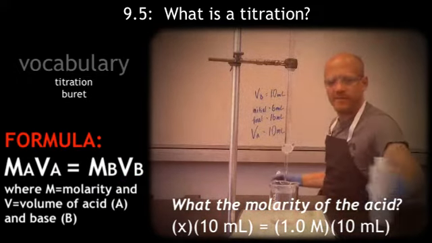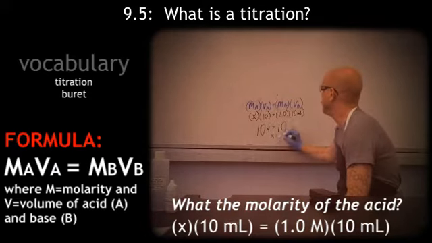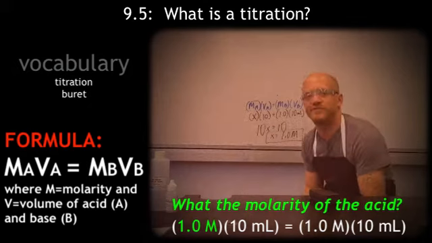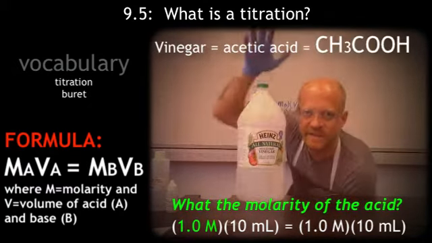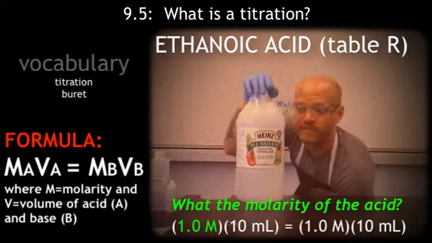So in my example, 10x equals 10. X equals 1.0 molar. That is the strength of my vinegar, or acetic acid, CH3COOH, also known as ethanoic acid.